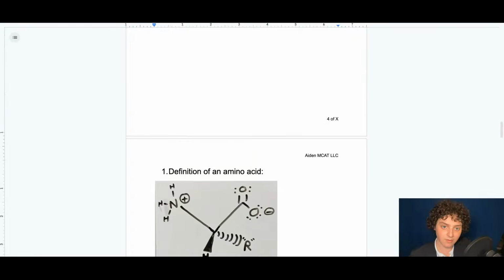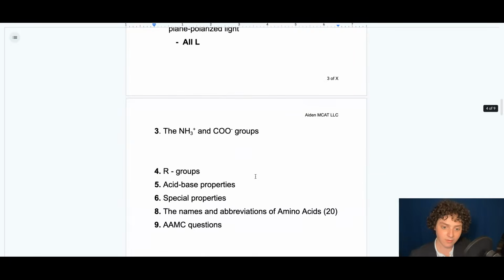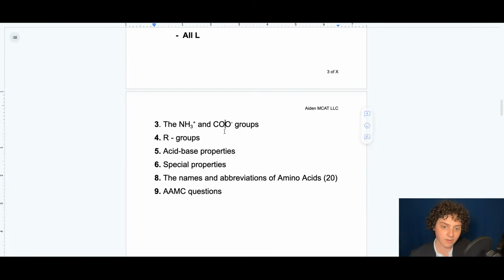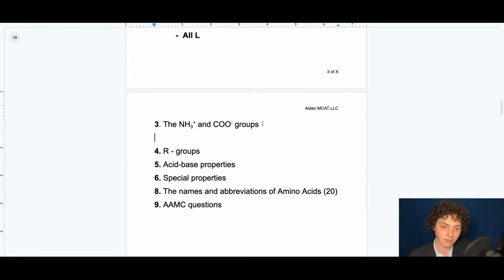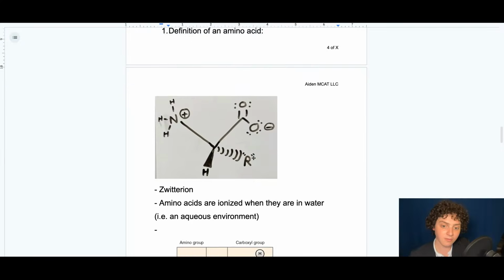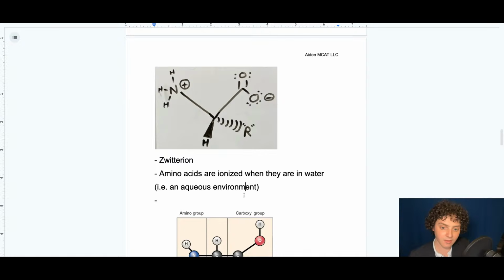So that brings us to topic number 5, which is acid-base properties, but we're just briefly going to mention it in the context of topic 3, the NH3 plus and the COO minus groups. So it turns out that this is an acidic group.